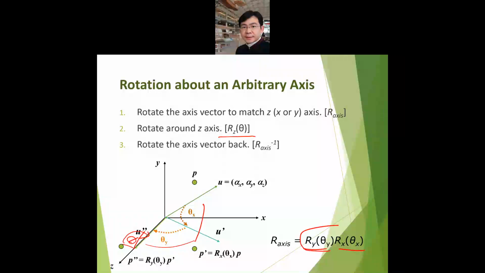Because if you have these two matrices, that is the combination, then you apply rz to do the theta we want to perform, and then we can do the inverse process to move the whole thing back. So the point, for instance, should be here, right? Theta.